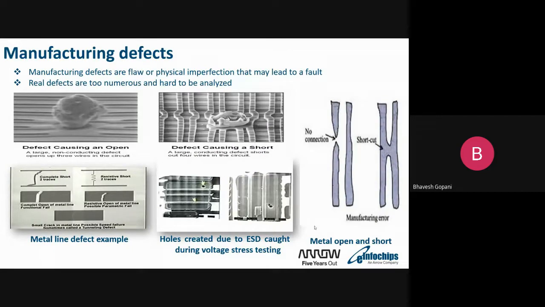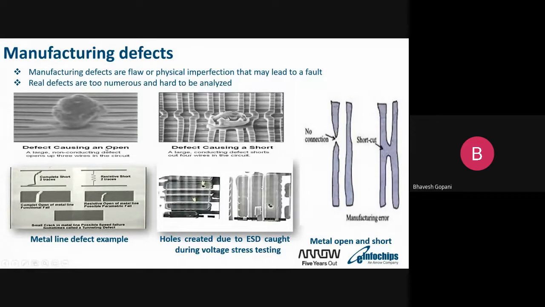Here I show some snaps of defects, and what kind of issues happen to the silicon. Here you can see an excessive amount of material placed on different wires, where 3 to 4 wires are going in parallel, and some non-conducting material is placed excessively during manufacturing.